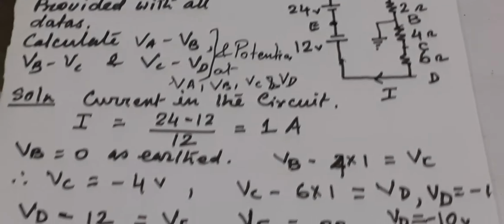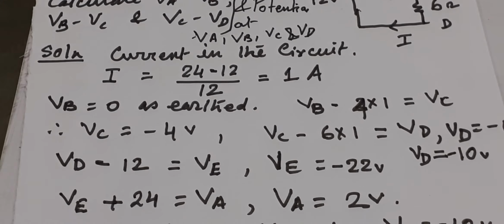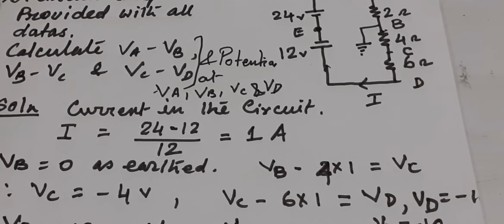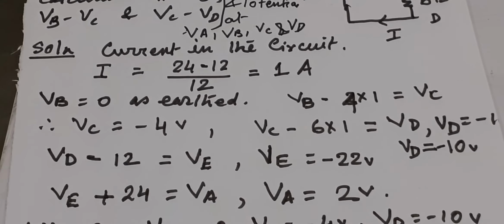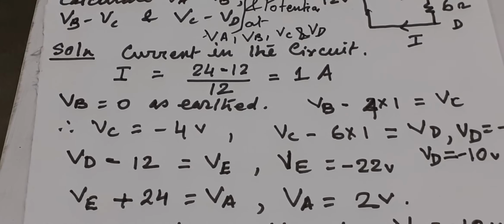Similarly, we can start from C to D. VC is known to you, that is minus 4 volt, minus drop 6 into 1, then it will be VD. That means VD will come minus 10 volt.